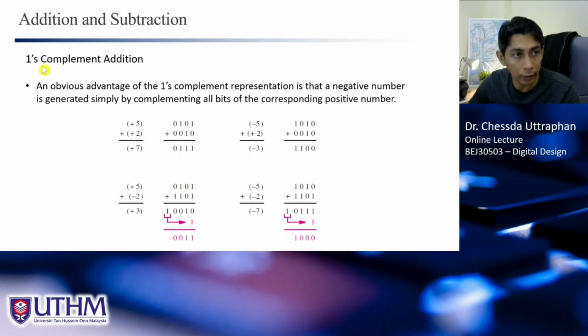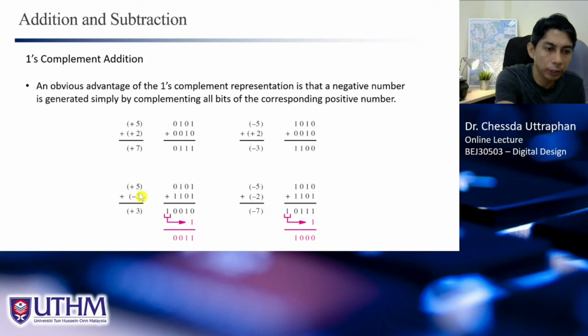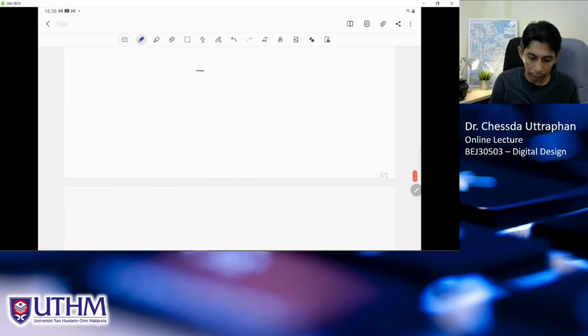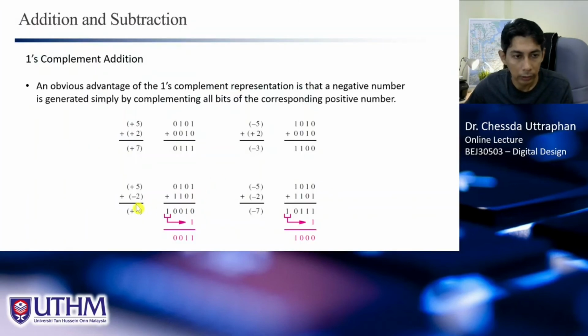But the first complement system is very promising. This is correct. What if we do 5 minus 2? This means that we want to do subtraction, right? 5 minus 2, or we do 5 plus minus 2. Again, we use the adder, the circuit that we already have.